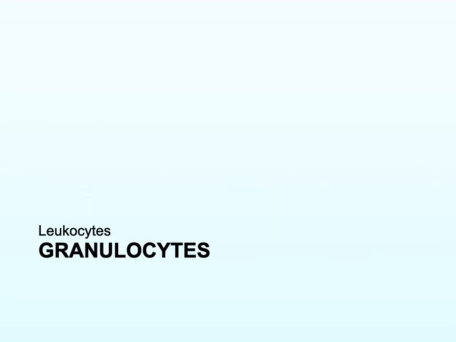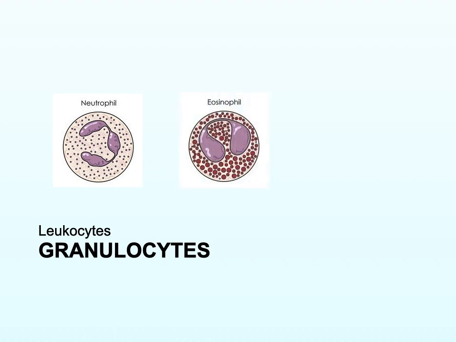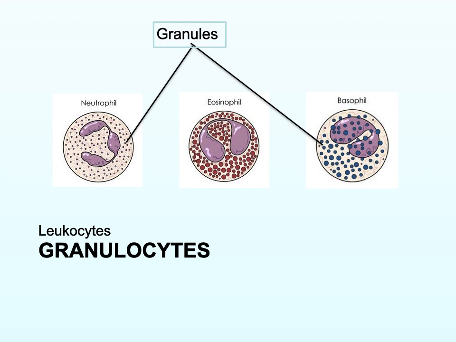Now, we start with the granulocytes. Again, granulocytes are the neutrophils, eosinophils, and basophils. They are called granulocytes because of the appearance of granules in the cytoplasm. Compare the fine granules in neutrophils and coarse granules in eosinophils and basophils.